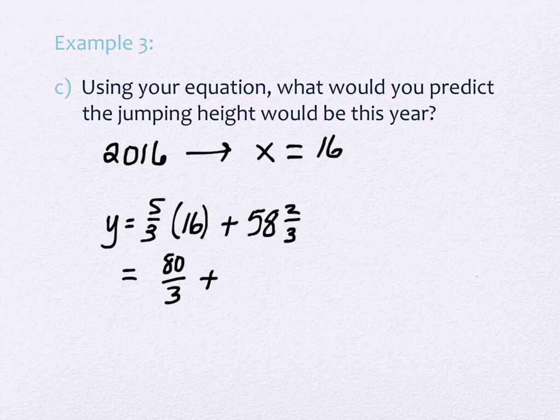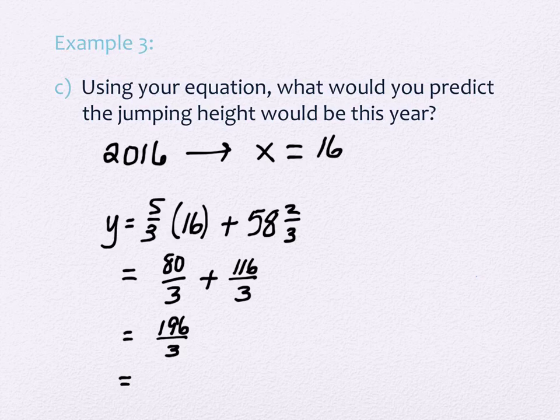80 over 3 plus 116 over 3. Okay. 80 plus 116 would be 196 over 3. What does that give us in terms of whole number and partial? Mixed number form.